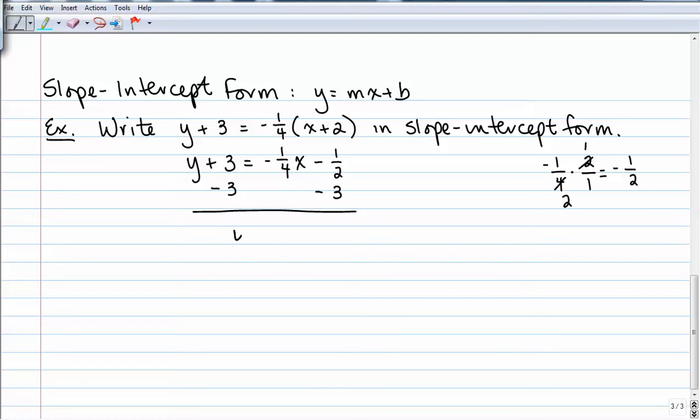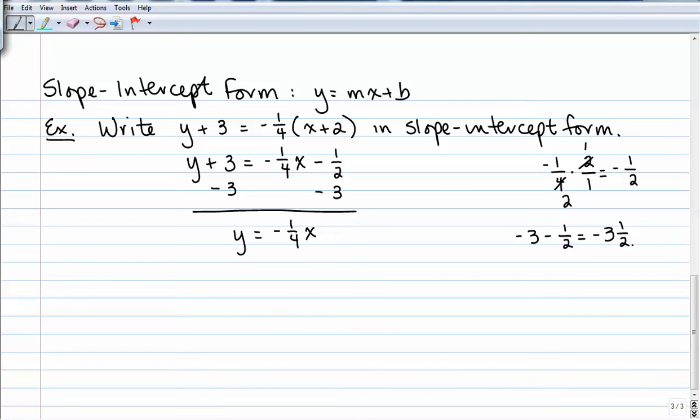So that's going to leave me with y equals negative 1/4 x. Oh, and now I have some fractions again. So a negative 3 minus 1/2. A couple ways to do this. Real straightforward, that's negative 3.5.